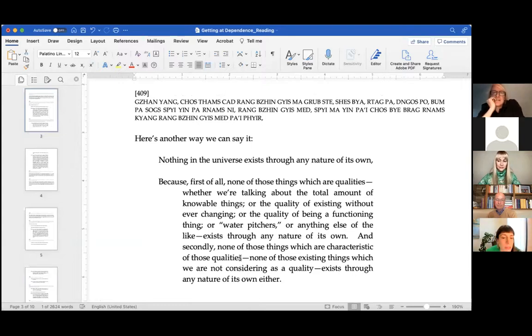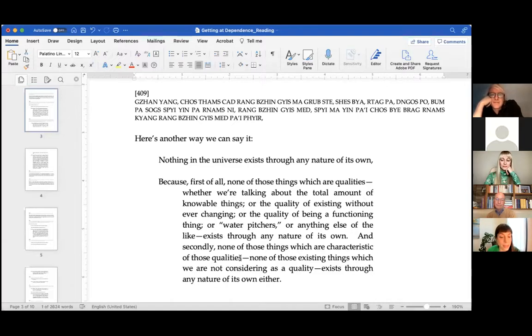Sure. Here's another way we can say it. Nothing in the universe exists through any nature of its own. Because first of all, none of those things which are qualities, whether we're talking about the total amount of knowable things, or the quality of existing without ever changing, or the quality of being a functioning thing, or water pitchers, or anything else of the like, exists through any nature of its own.